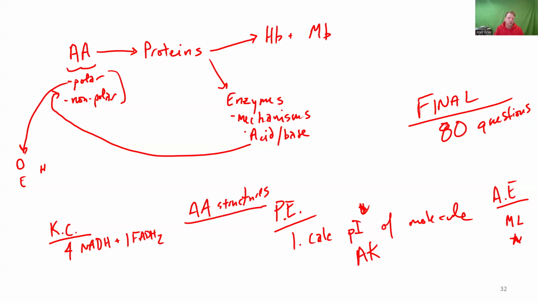I have a tendency to refer to amino acid structures as kind of interesting or uninteresting. And most of your non-polar amino acids aren't particularly interesting to me. That's not to say that they're irrelevant, but if you think about glycine, alanine, leucine, isoleucine, those are all basically just hydrocarbons.